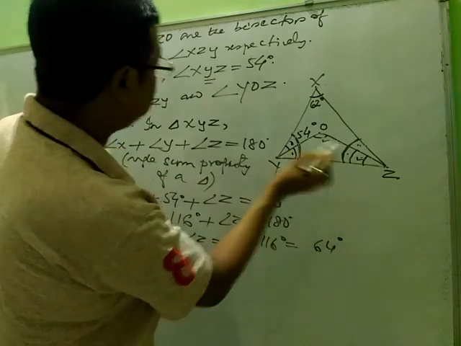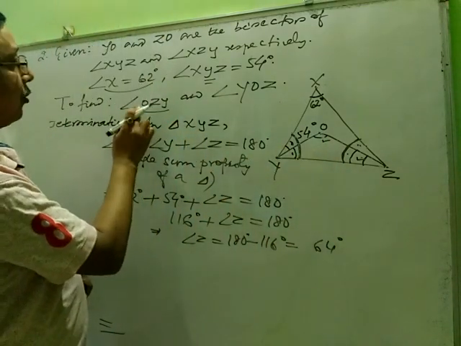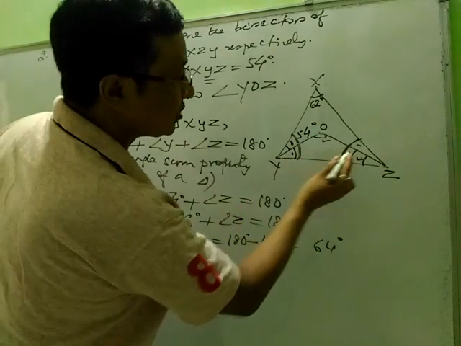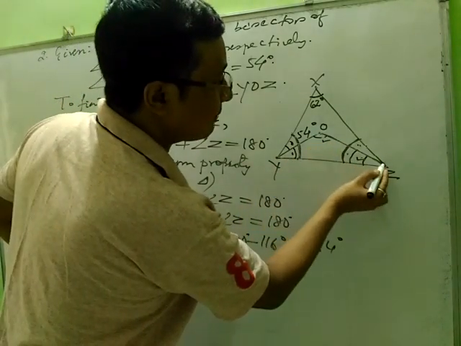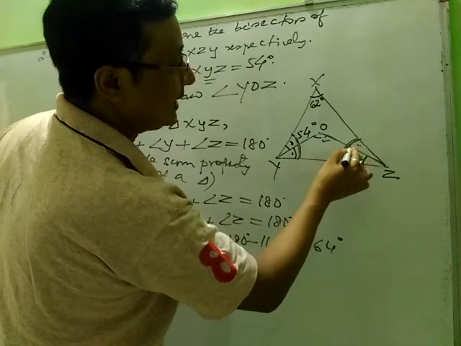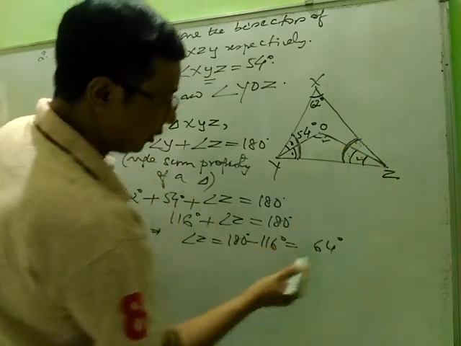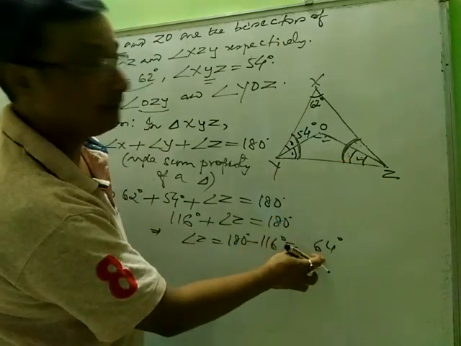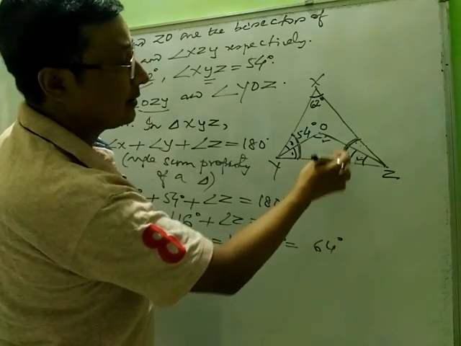Now you need angle OZY. OZ is the bisector of this angle, so the angle will be divided into two equal parts. The whole angle is 64, so you divide by 2 to get the measure.